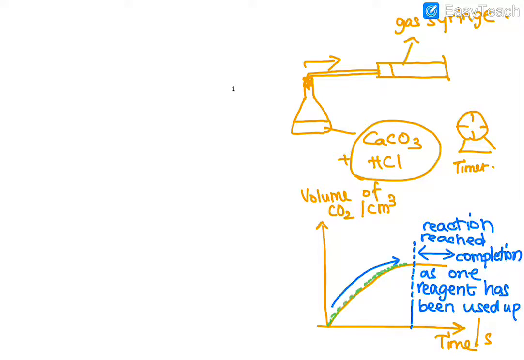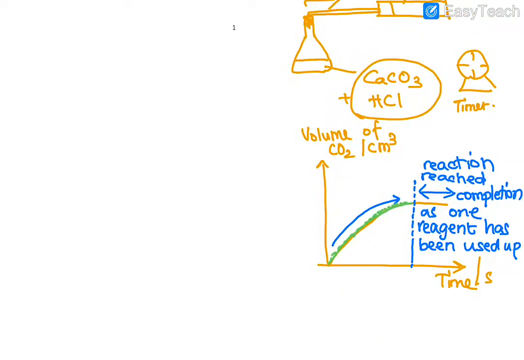So the total volume increases, but the rate at which, the speed at which the carbon dioxide is being produced is decreasing. So as the reaction proceeds, the rate decreases, the speed decreases, and here the reaction has reached completion. So here rate is 0 at this point.